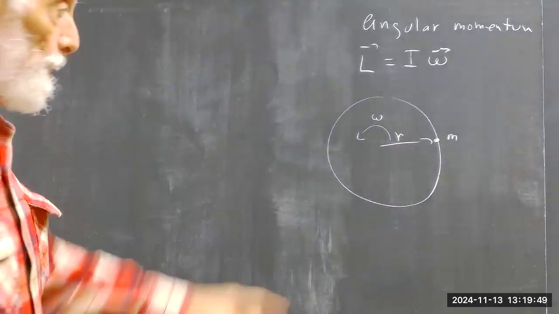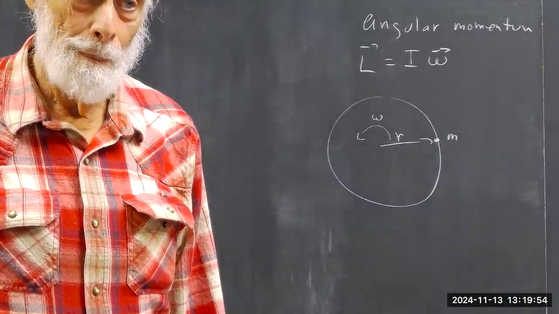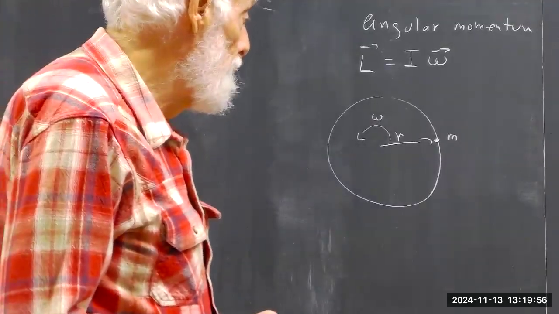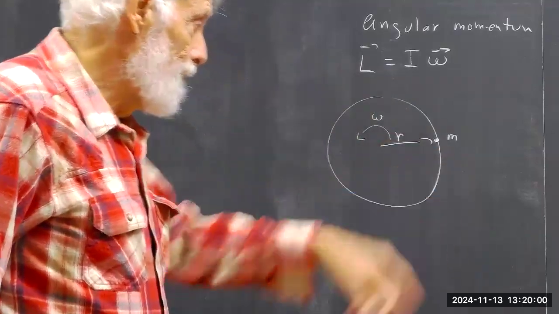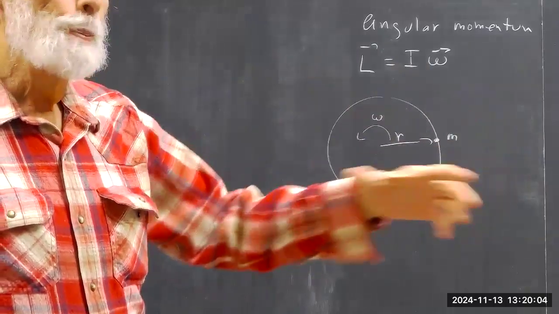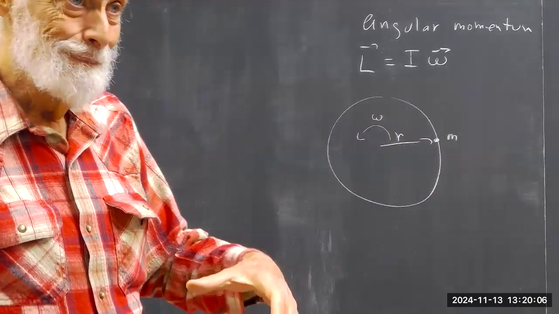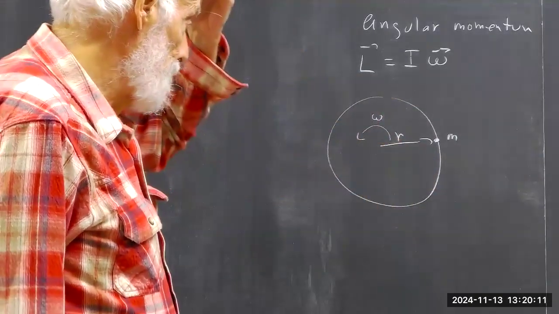Okay? This mass might be riding on a beam. It might be doing anything, okay? It might be a mass circling the center mass of a two-planet system, and in circular orbit. Okay.